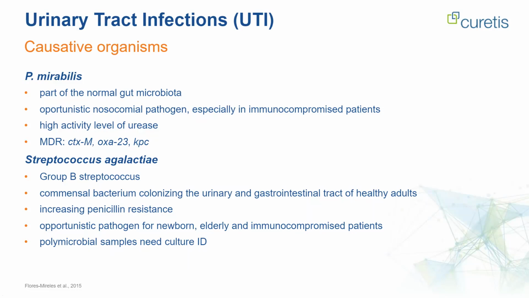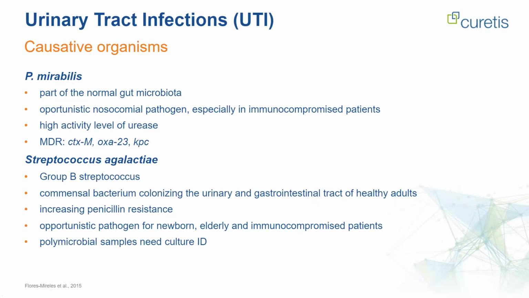Streptococcus agalactiae is group B Streptococcus. It is a commensal bacteria that colonizes the urinary and gastrointestinal tract of healthy adults. It has shown increasing penicillin resistance.